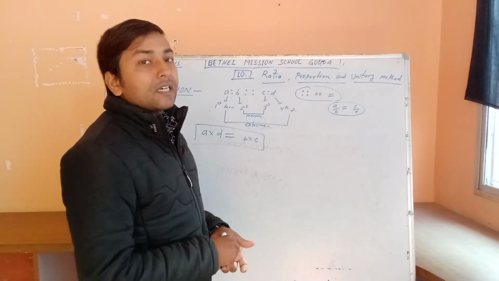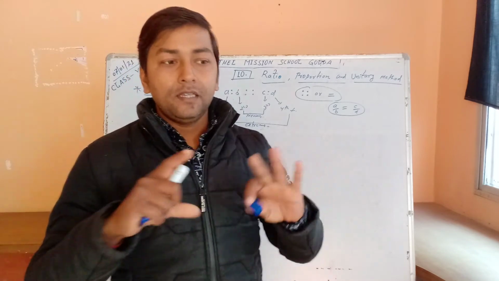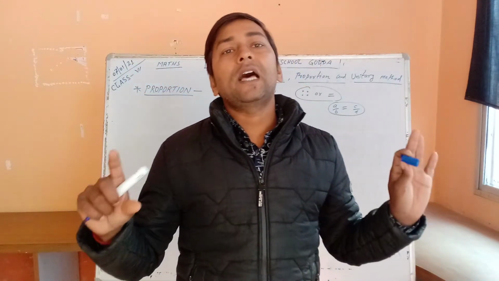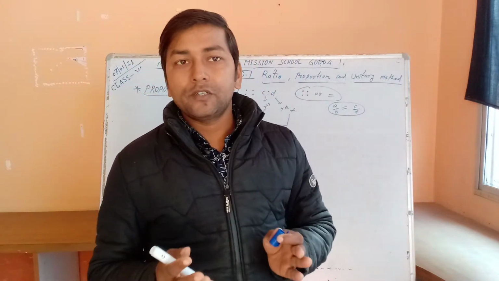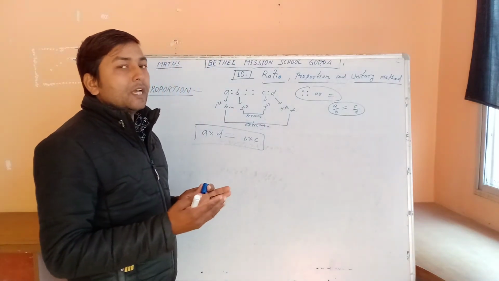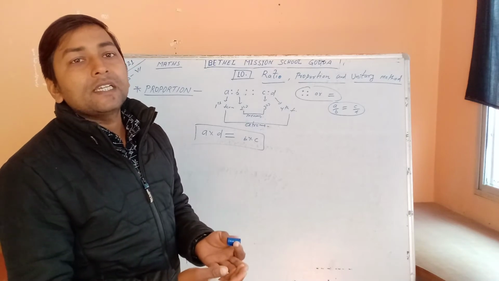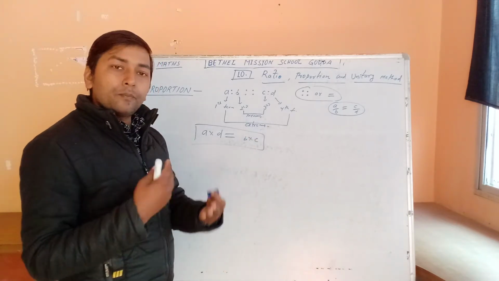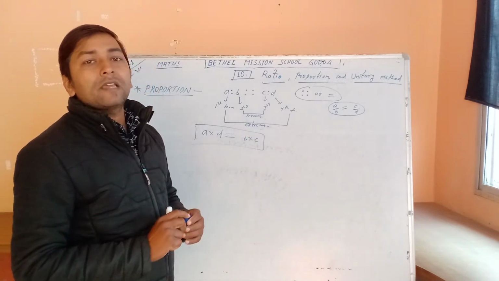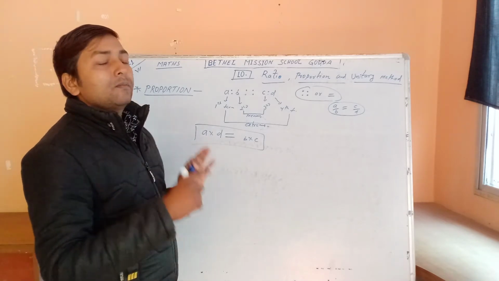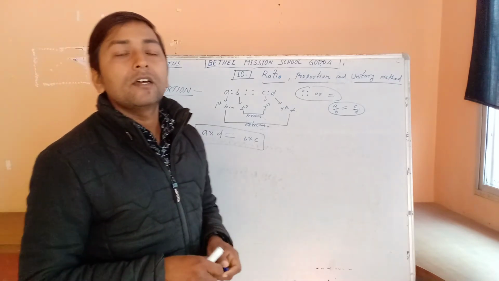So this is the method to check whether two ratios are in proportion or not. First you have to find the product of extremes, and find the product of means. If both give the same value, you can write that both ratios are in proportion.